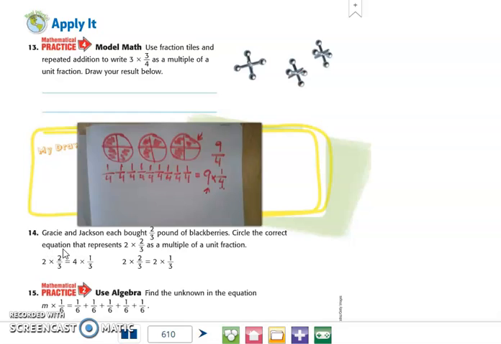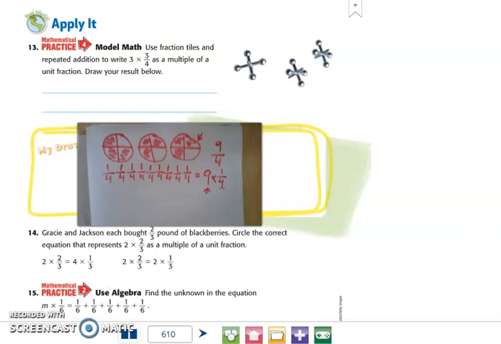Now continuing on to number 14, Gracie and Jackson each bought 2/3 pound of blackberries. Circle the correct equation that represents 2/3 as a multiple unit fraction. So you're going to write 2/3 2 times, and then you're going to write all the unit fractions for that, 1/3 as many times as you need to get that. And then you'll know which one is correct. It's either this one or this one. You're going to circle one of those.